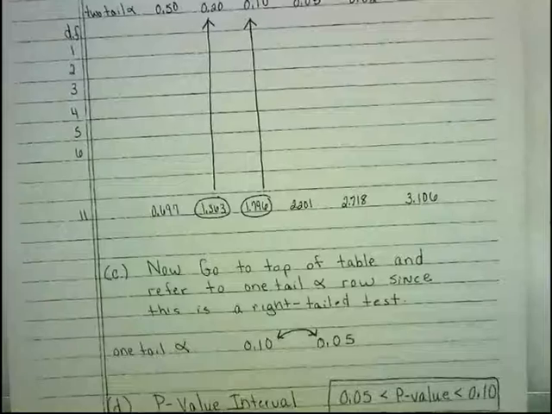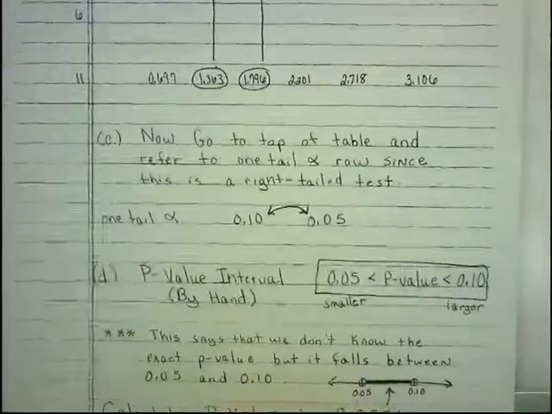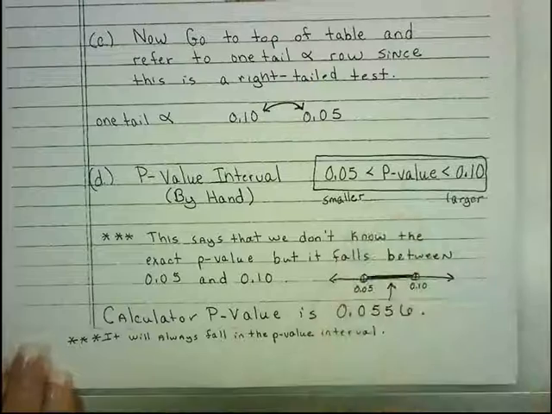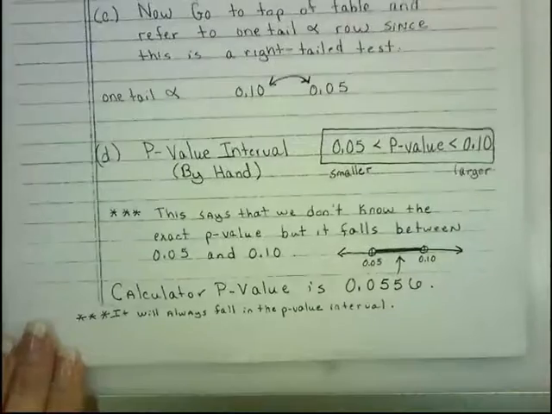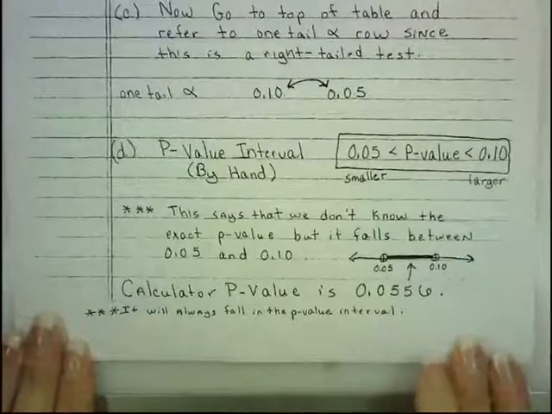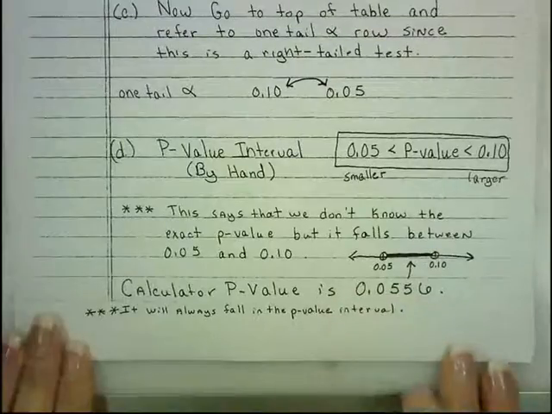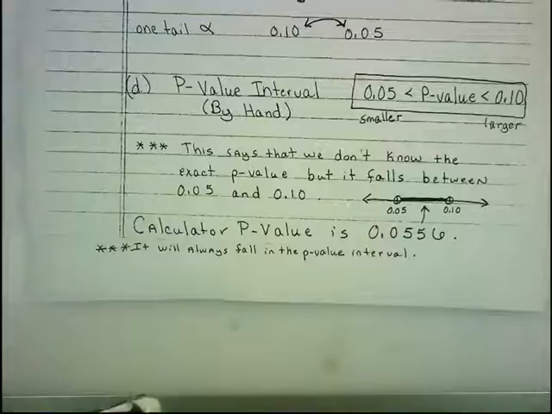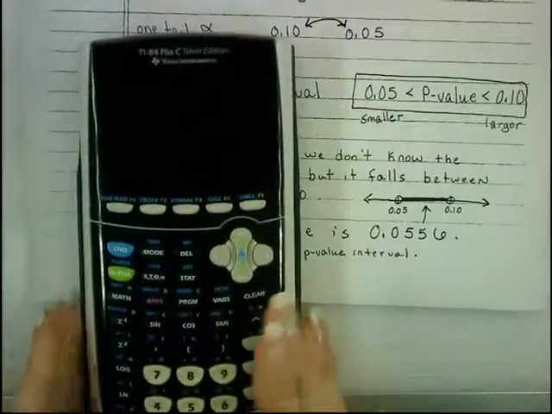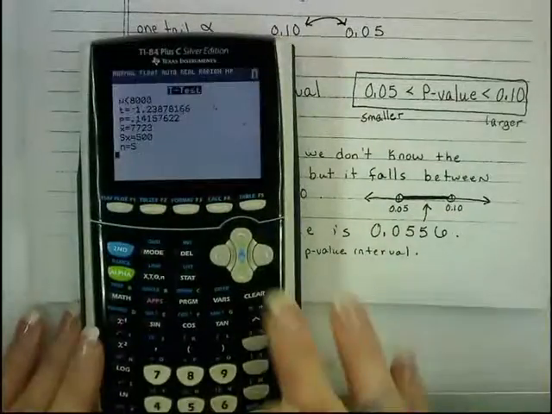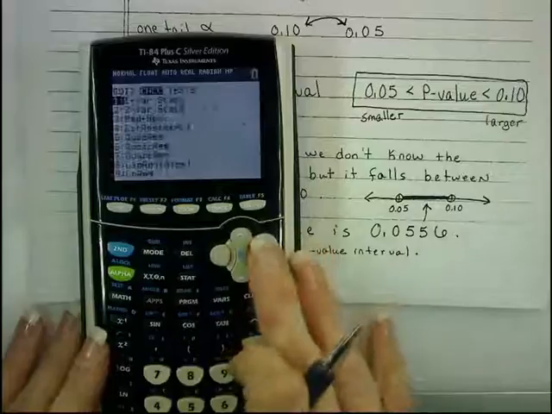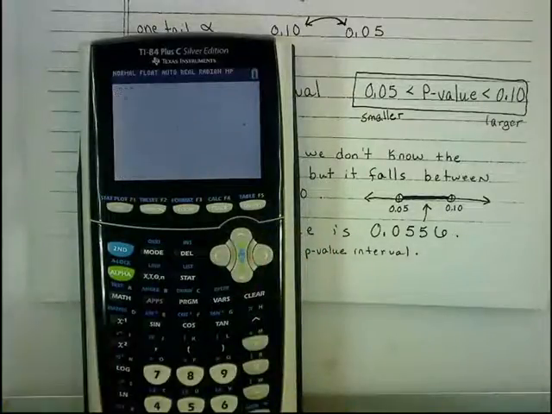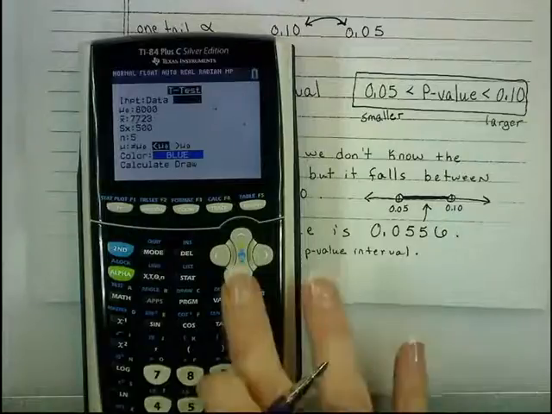And I kind of draw that out here. So smaller, larger. This says that we don't know the exact p-value by hand, but it does fall between those two numbers. The calculator gives you 0.0556, and your calculator p-value will always fall in this interval, which would help you rule out some multiple choice selections, A, B, C, D, because I will be asking you for the p-value interval.